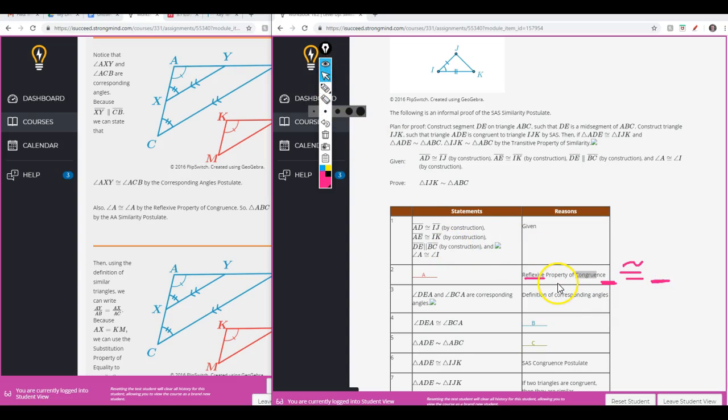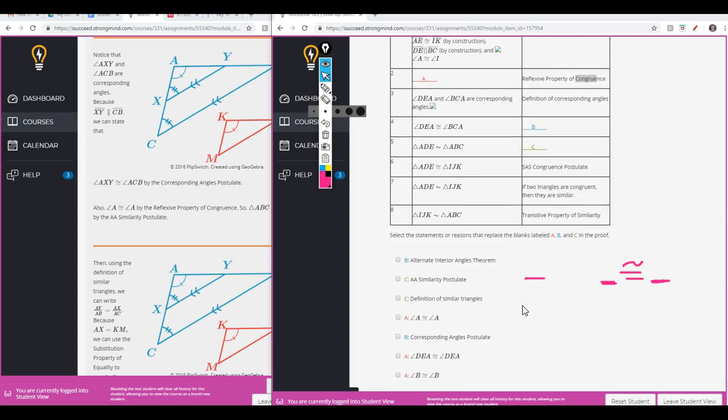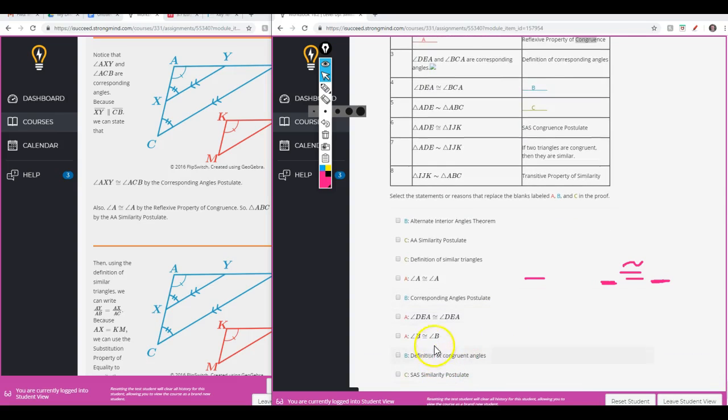So that's my context clues. And if I scanned, I would first notice that there's two options. There's angle B is congruent to angle B, and actually there's three options. So they listed all of these out.